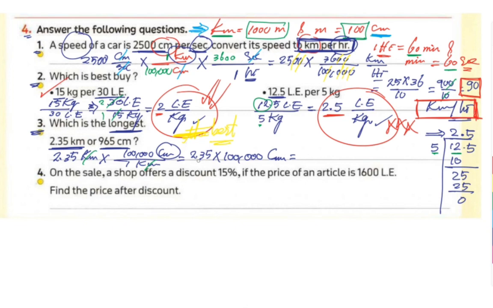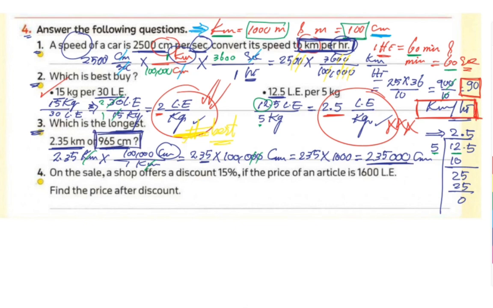I have the decimal point after two places, so I will simplify it with 20. So I have now 235 times 1000, which equals 235,000 centimeters. And now I can say that of course this number is greater than this one.